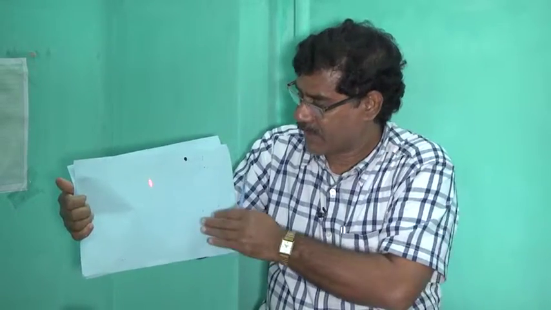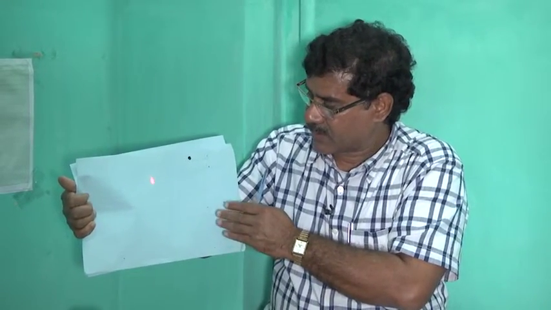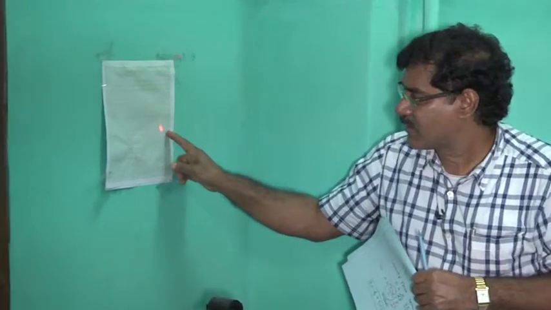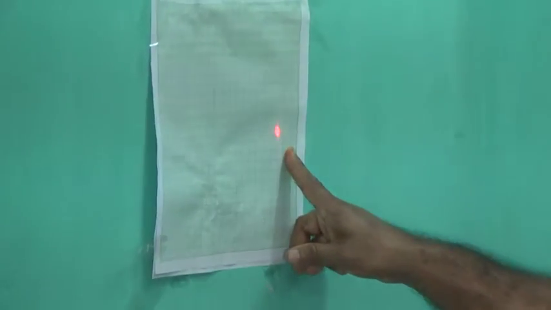The mirror is oscillating, so it is changing angle, say by theta; this reflected ray is oscillating by 2 theta, or the angle of reflection will change by 2 theta, right. So, this laser beam is falling on this graph paper.